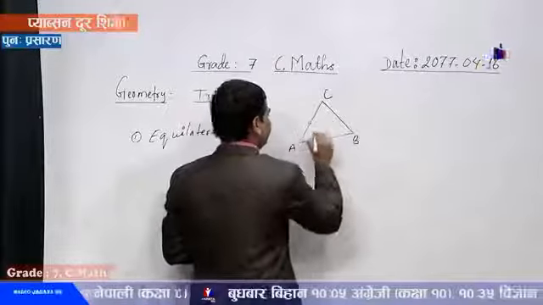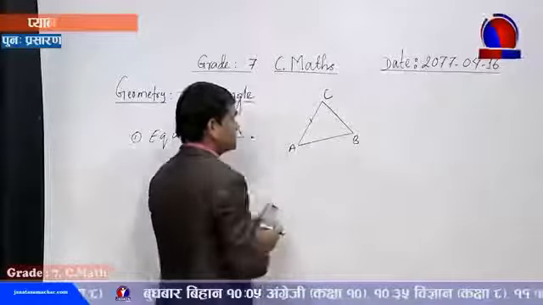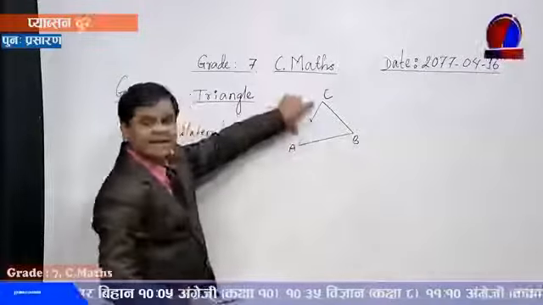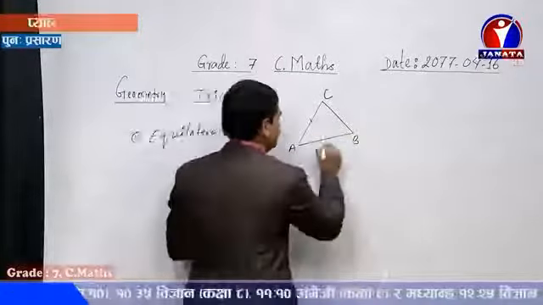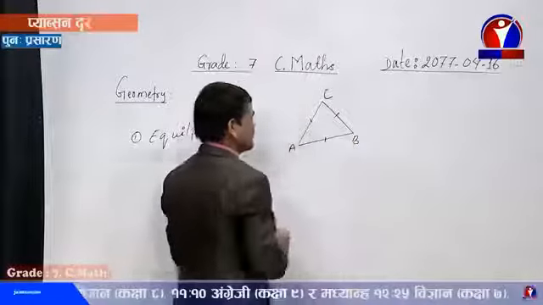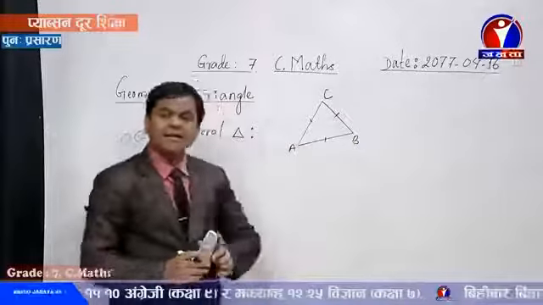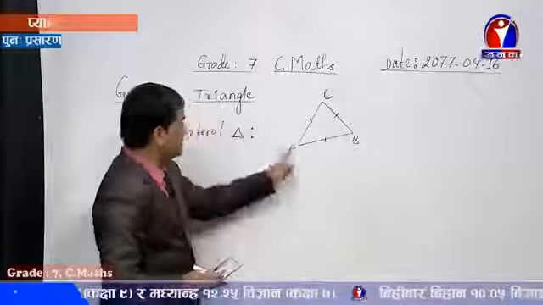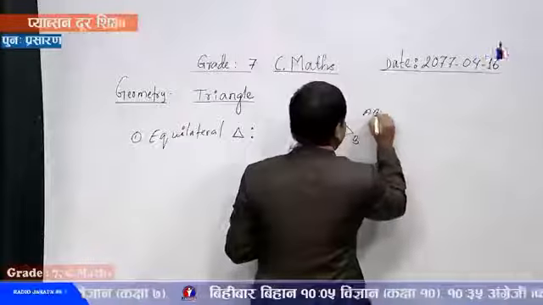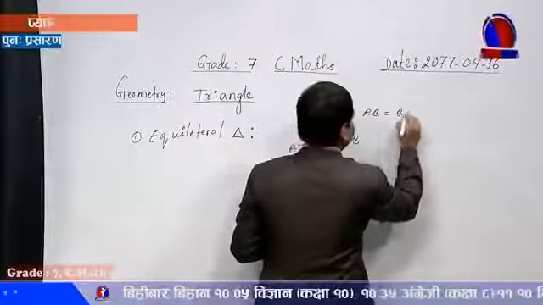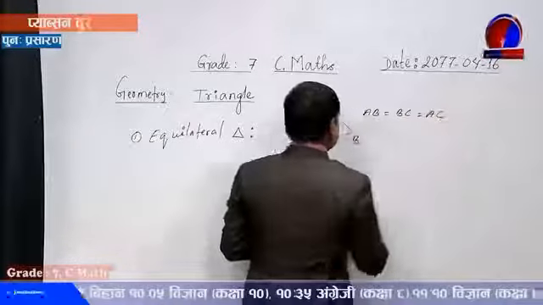If we use the scale to measure side AC as well as side AB and side BC, and the lengths of AB, BC and AC are equal, it means AB equals BC equals AC.